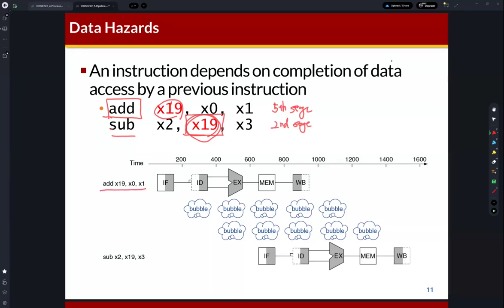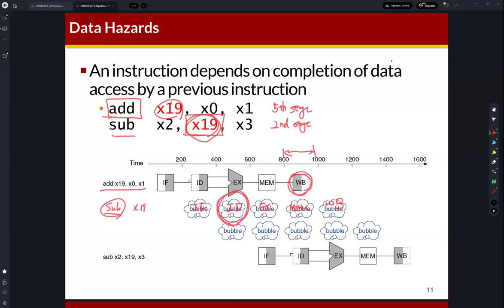So add instruction, and then if the sub instruction is immediately executed after the add instruction, what's the problem? The write back stage is here during this clock cycle, and the sub instruction goes through instruction fetch, instruction decoding, execution, memory, and write back.